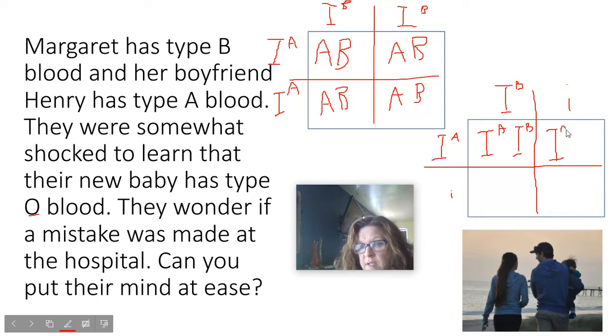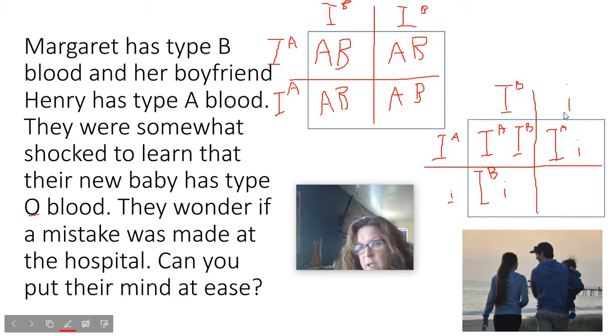Now, in this case, getting an A from Henry and the recessive allele from Margaret, the child would have type A blood. Now, in this case, getting a B from Margaret and a recessive from Henry, the child would have type B blood.